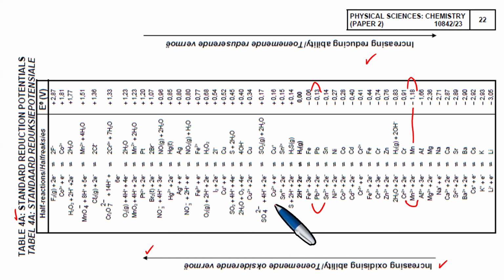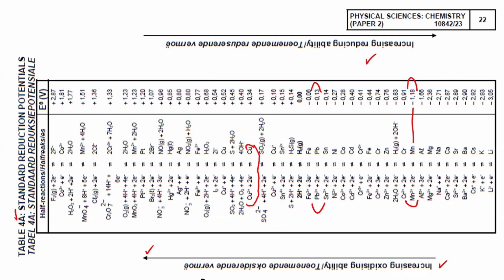Copper is Cu. Then you look for this copper, this one, sitting there, and you have Cu2+ plus 2 electrons gives you what? Gives you copper.